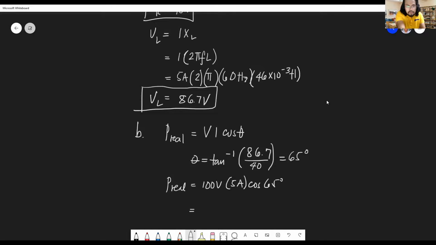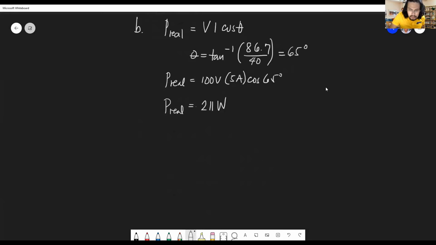So we get the value of 100 volts times 5 times cosine 65. So it's 211. The P real is 211 watts.